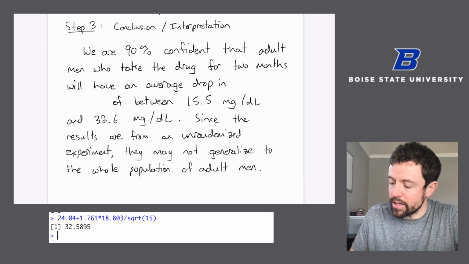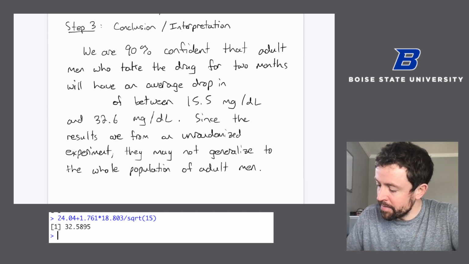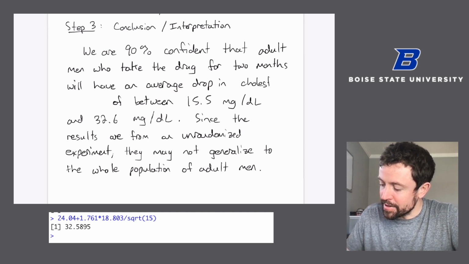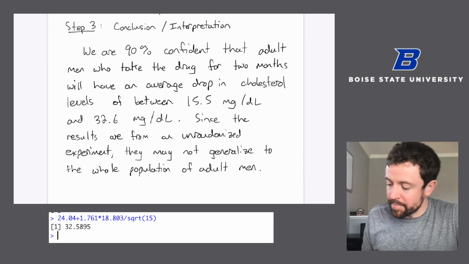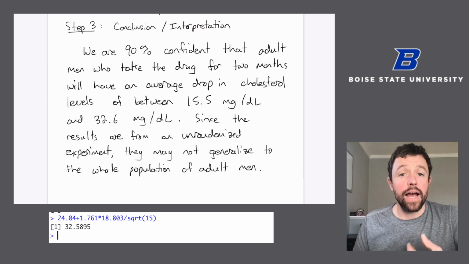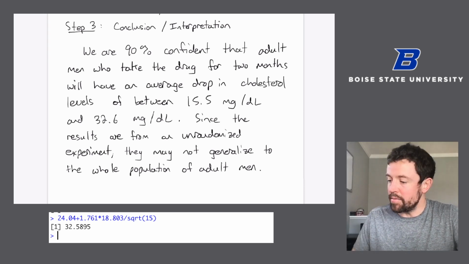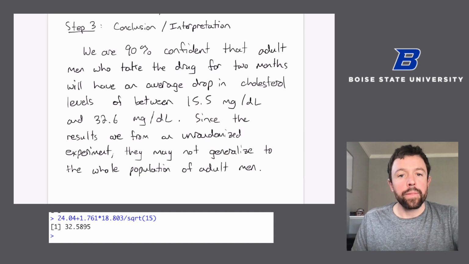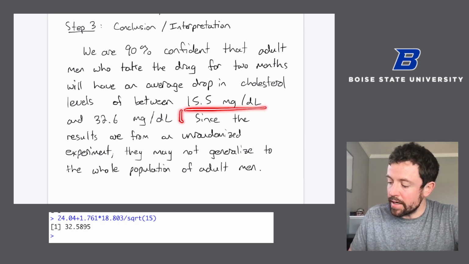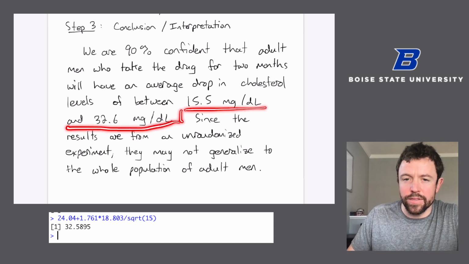I think I was doing a blood pressure example earlier. It's very easy to make these sort of mistakes when you're doing too many things at once. It's an average drop in cholesterol levels of between 15.5 milligrams per deciliter and 32.6 milligrams per deciliter. That's, as I said, our kind of standard sentence. And these will get trickier in different contexts, but even now it can be a bit tough to write.